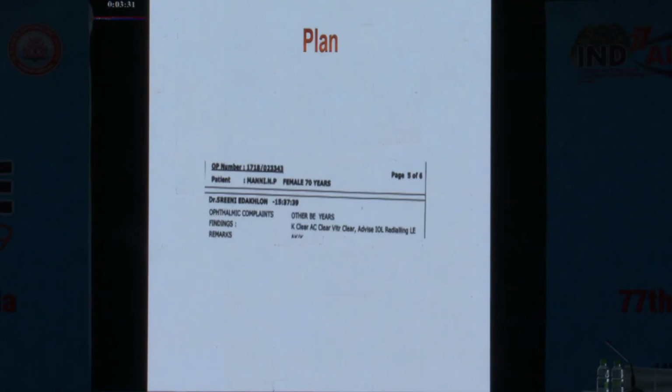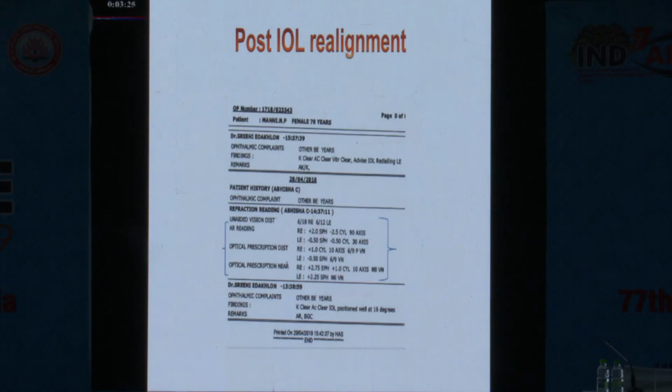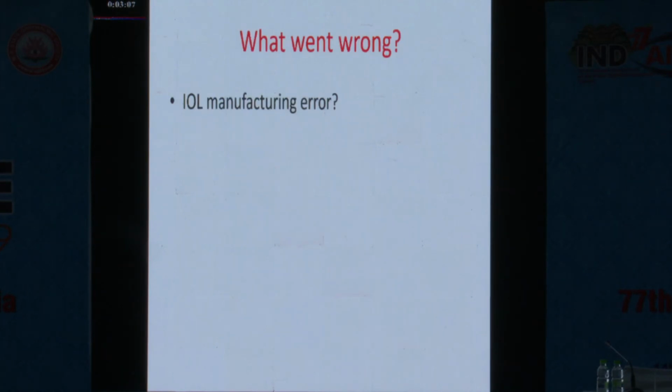We posted the patient for IOL realignment, and postoperatively, you can see on AR there is a minimum 0.5 diopter cylinder, and she read 6/9 with minus 0.5 sphere. So the problem was solved, but still, what could have gone wrong?